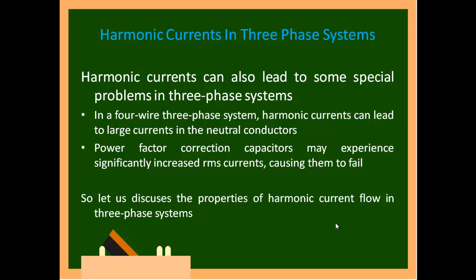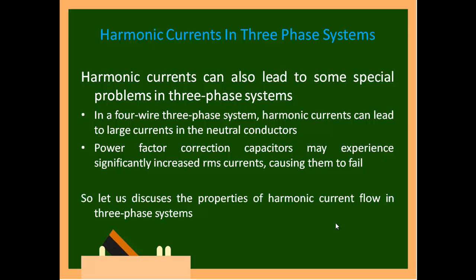Power factor correction capacitors may experience a significantly increased RMS current, causing them to fail. We all know that we put capacitor banks for power factor correction. Even so, if more harmonics are generated, the RMS current will increase, and this may lead to failure of your capacitors.